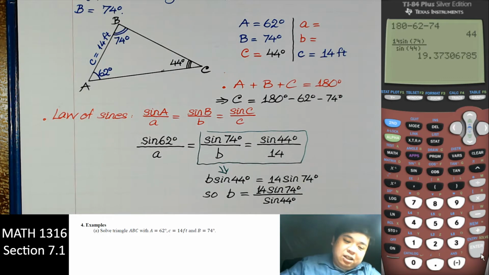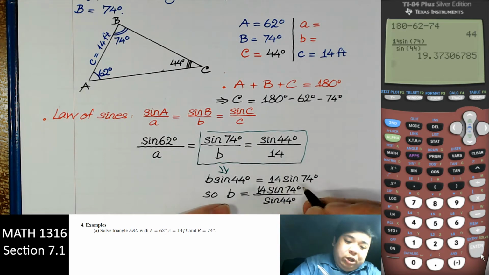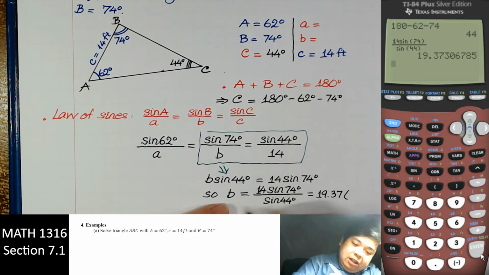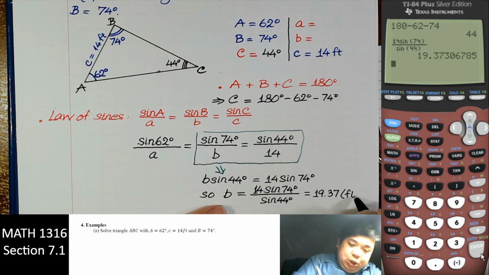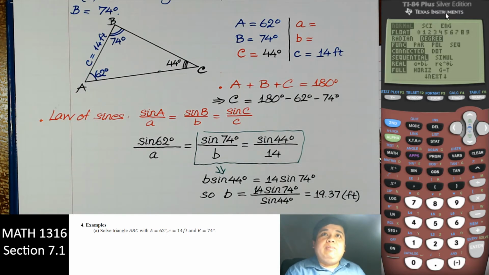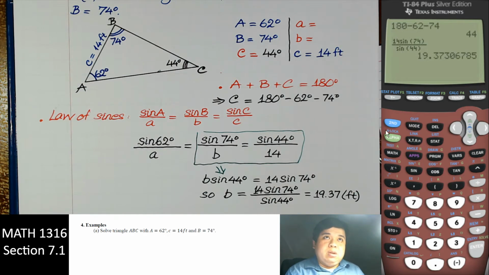We have 19.37. And little b, the unit should be feet. Usually you keep 2 or 3 decimal places, whatever the question tells you. Make sure in degree mode.